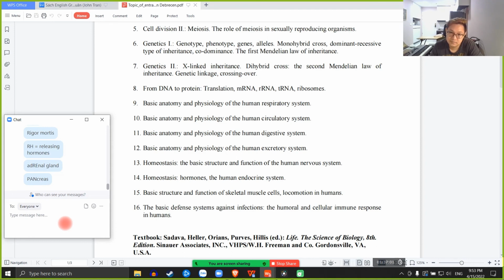Which includes oxytocin and ADH, while the anterior includes gonadotropes, prolactin, adrenocorticotropes, ACTH, I think. Thyrotropes, TSH, and gonadotropes, the gonadotropin stimulating hormones.